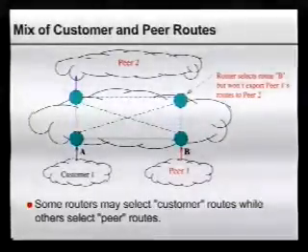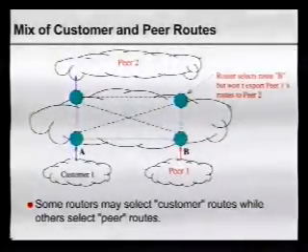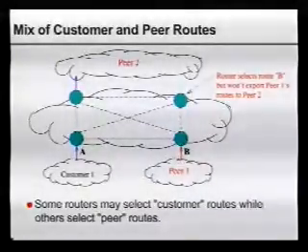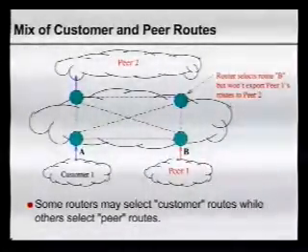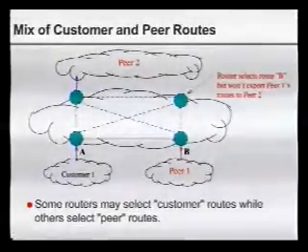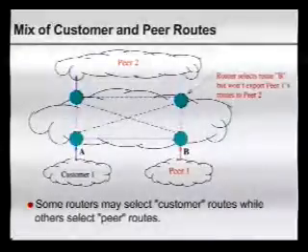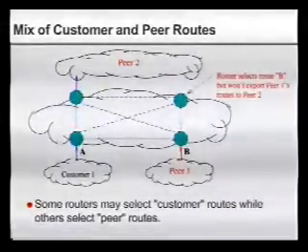In this example, I've shown route A coming in from customer 1 and route B coming in from peer 1. What happens now is if that router on the upper right picks the peer route and the router on the upper left picks the customer route, peer 2 up there is going to learn route A from the upper left, but not route B.